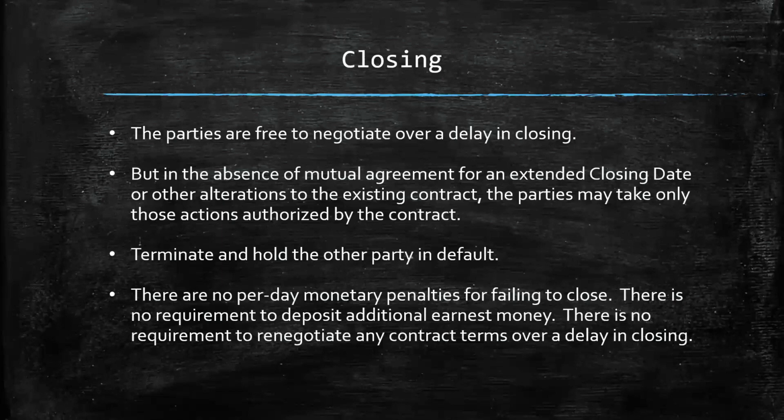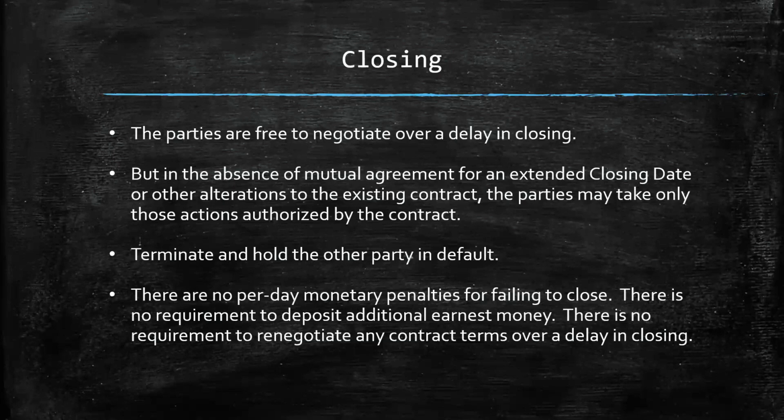Similarly, there is no requirement to deposit additional earnest money in the contract language. Now, if the parties want to negotiate, and the buyer says, "Hey, I know I'm having a problem here, but we're going to get it fixed. I just need a couple more days," and if the seller says, "Okay, fine. We want additional earnest money.